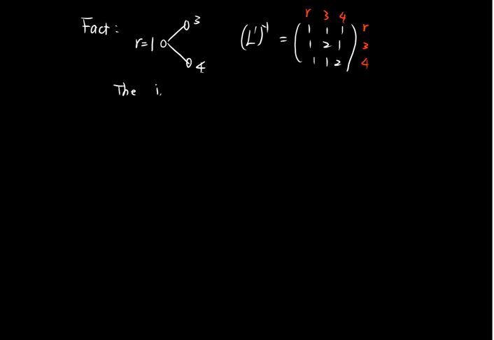The ij entry of this inverse has a particular meaning, and it is equal to the number of common vertices between two paths.